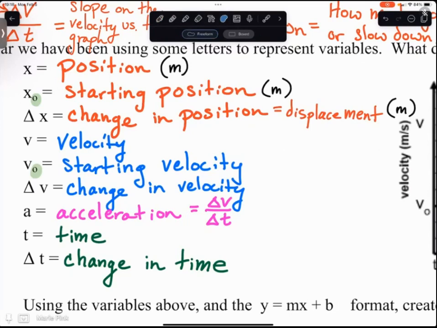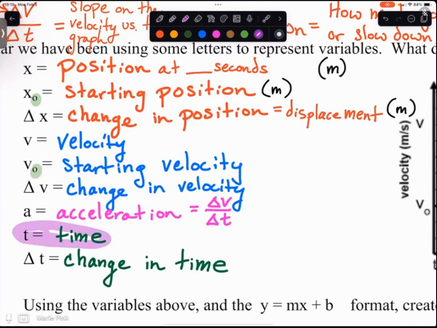And now I want to think about, okay, wait, so then what's the difference between your starting position and just position? Well, position is going to be where it is at a certain moment in time. Well, your question then is like, well, what time? So I'm going to say position at some number of seconds. And that some number of seconds is going to be whatever this time is.